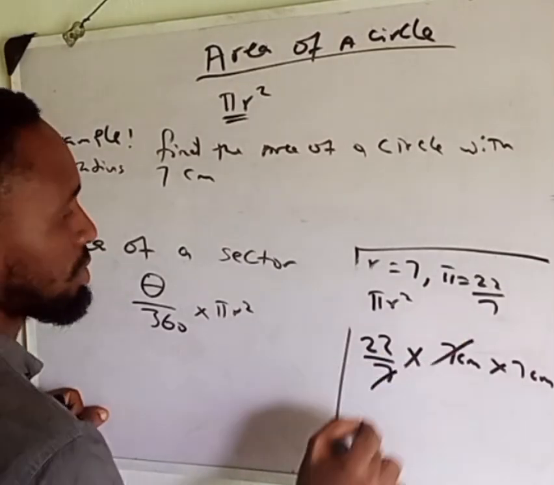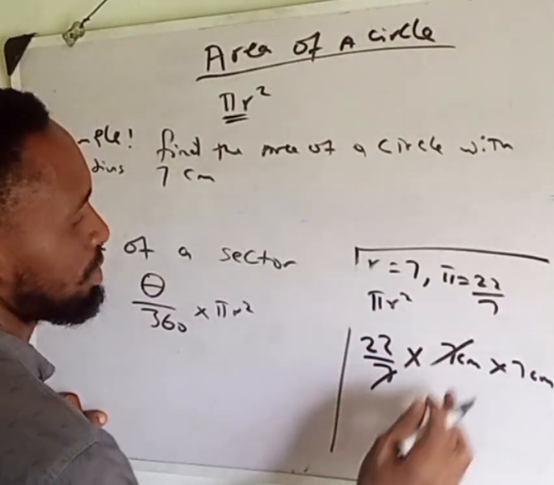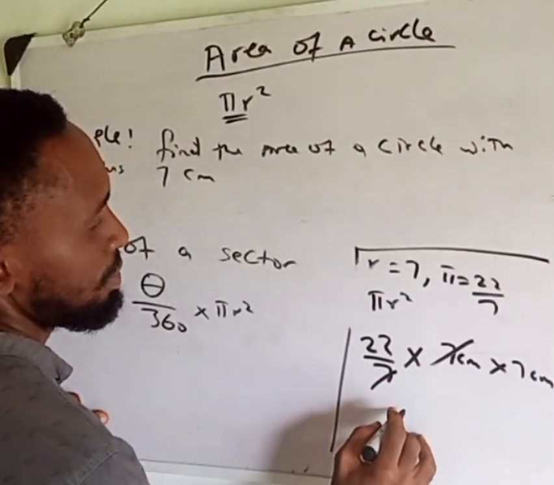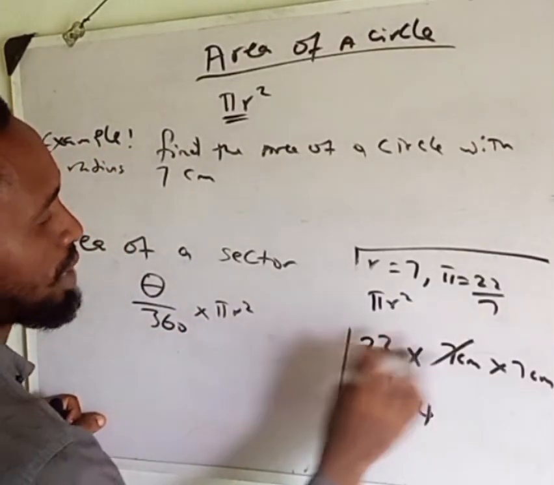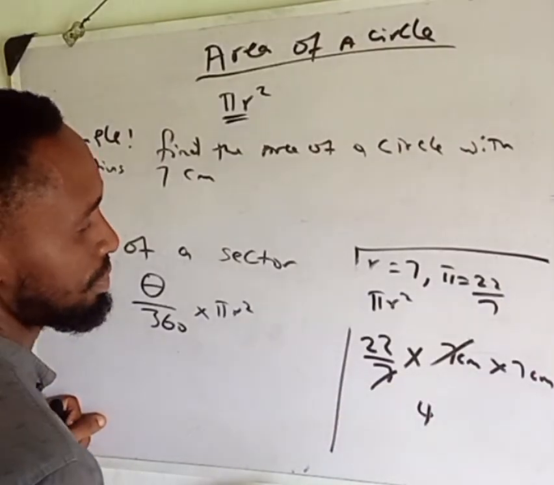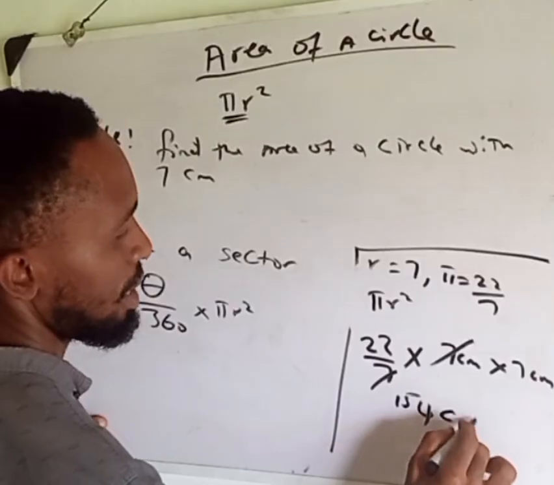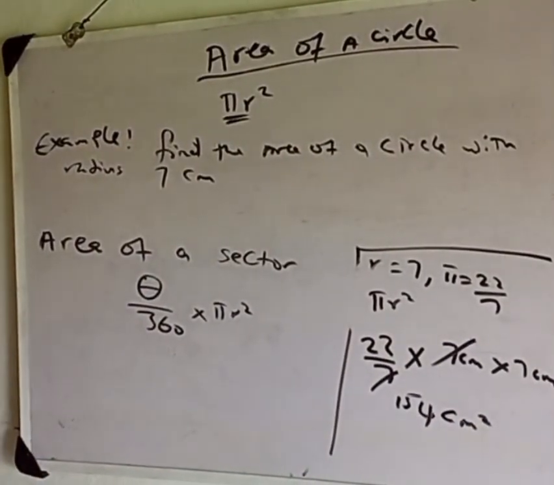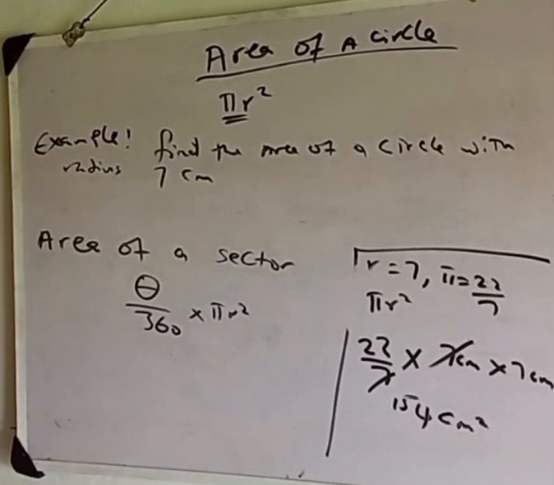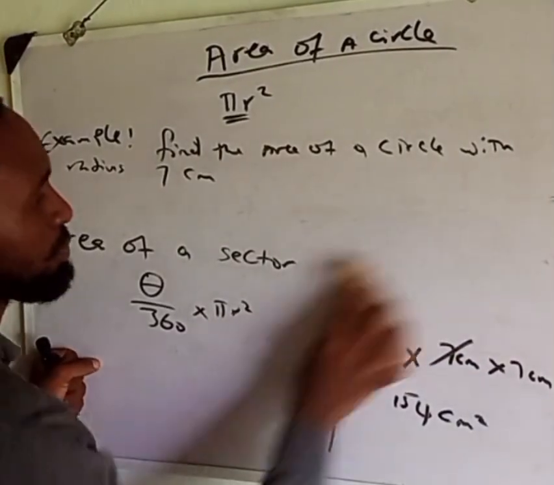So 7 can cancel 7, right? Then 22 times 7, 2 times 7 is 14, so I can write 4 and carry 1. 2 times 7 again is 14 plus 1, which is 15. So cm squared. So area of a circle with radius 7 cm is 154 cm squared.